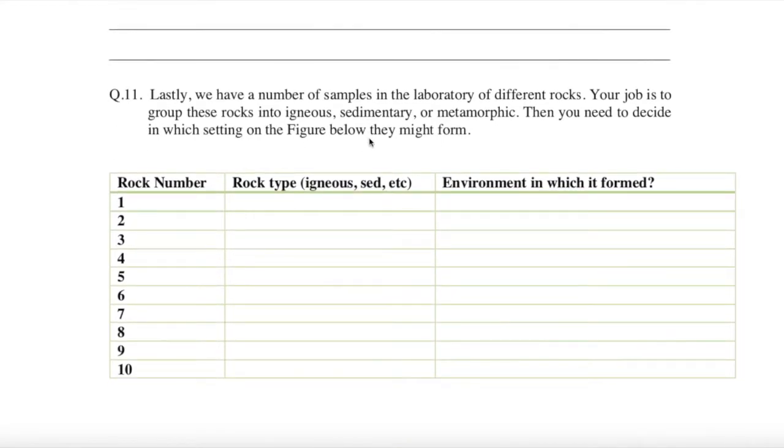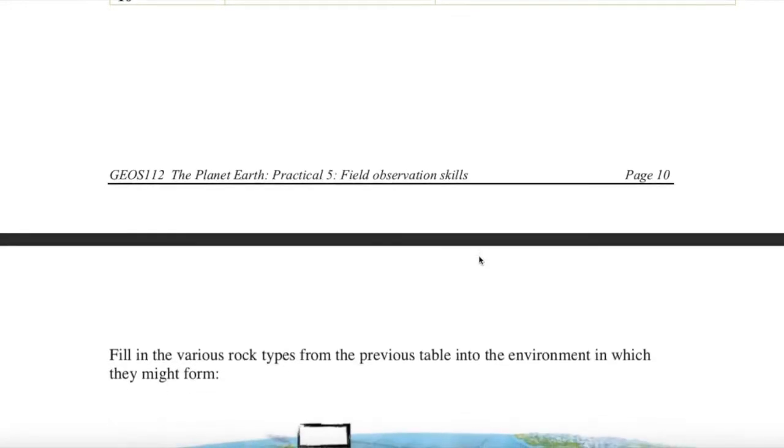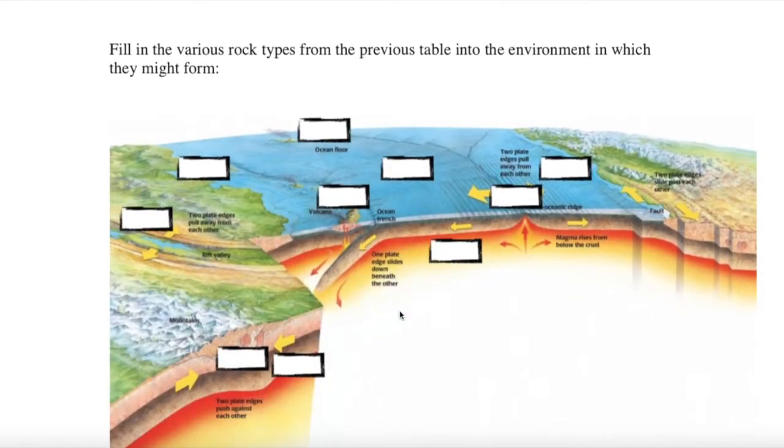And then lastly, we'll come back into the lab and look at a rock collection, and using our knowledge of what we learned in the rock garden, we'll try to identify whether the rock's igneous, sedimentary, or metamorphic, maybe even give it a name, and then speculate on the environment in which it formed. Associated with that table we have a little cross-section of the Earth showing a number of different rock-forming environments.